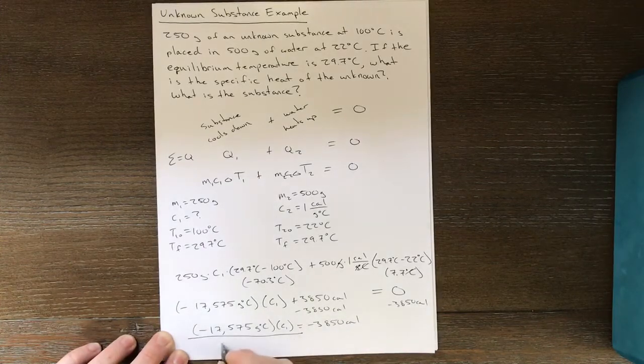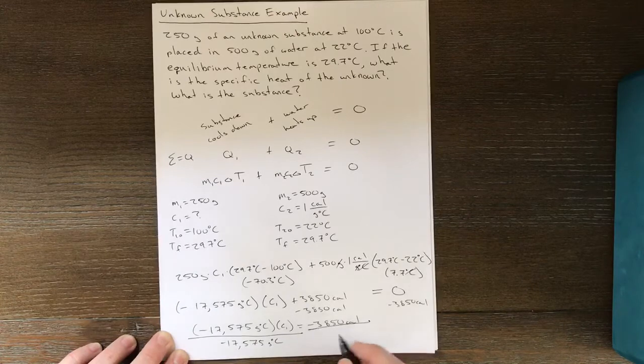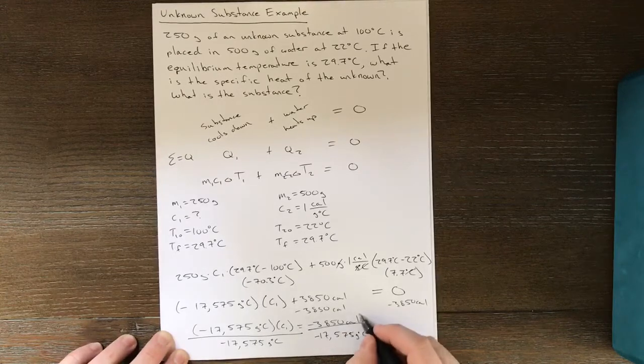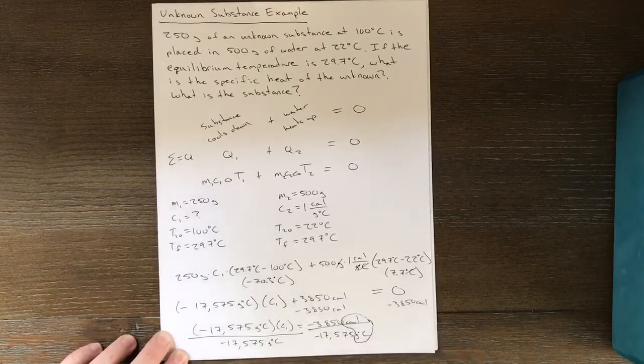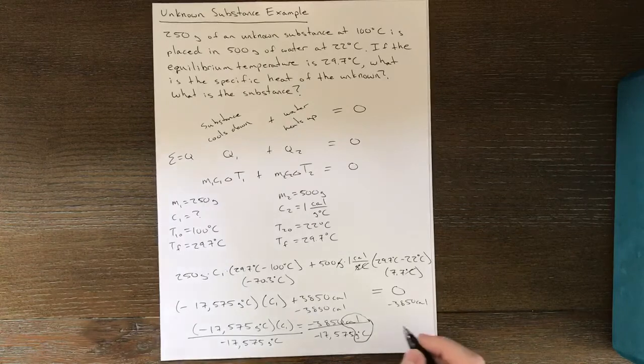And lastly, we can divide by negative 17,575 gram degrees Celsius. We do it to both sides. And we can see our units that we end up with are calories per gram degree Celsius. That is indeed what the units of specific heat should be.